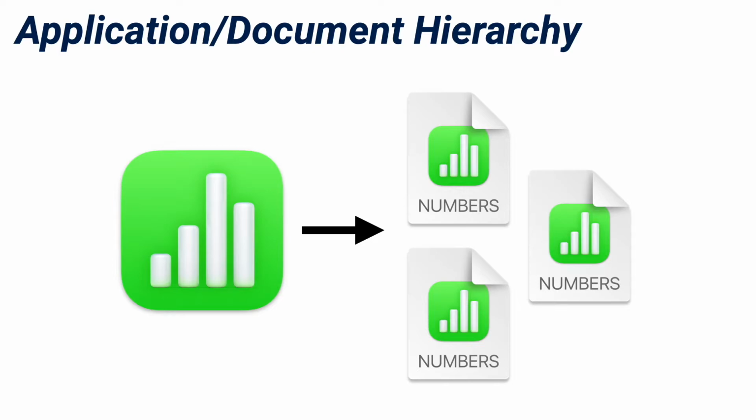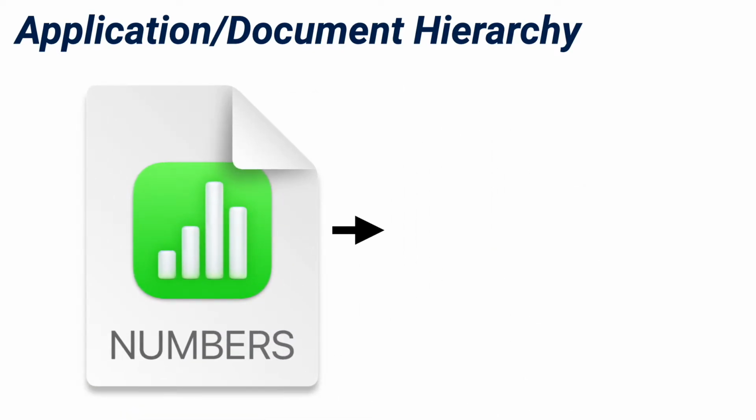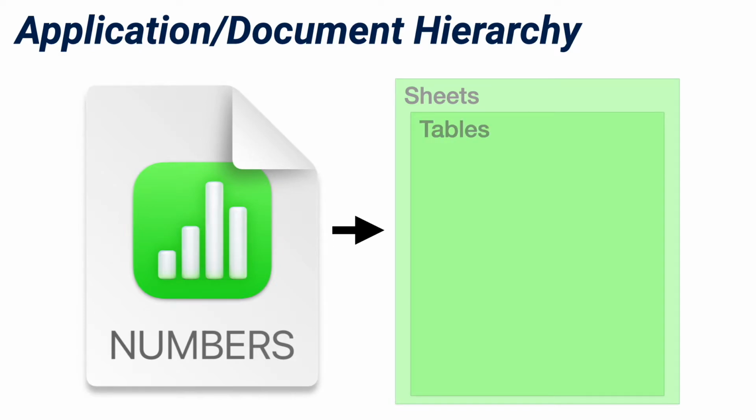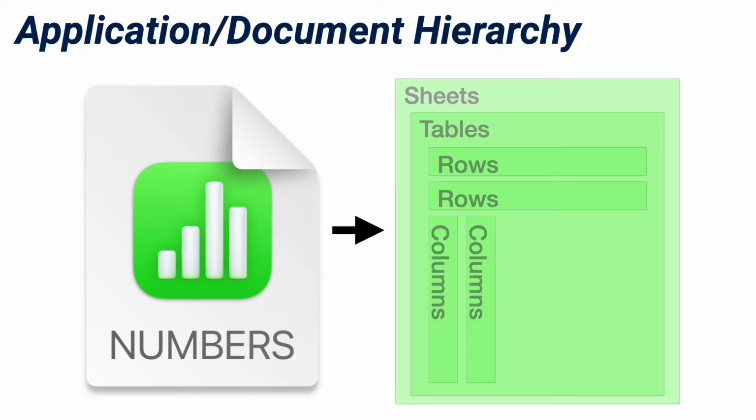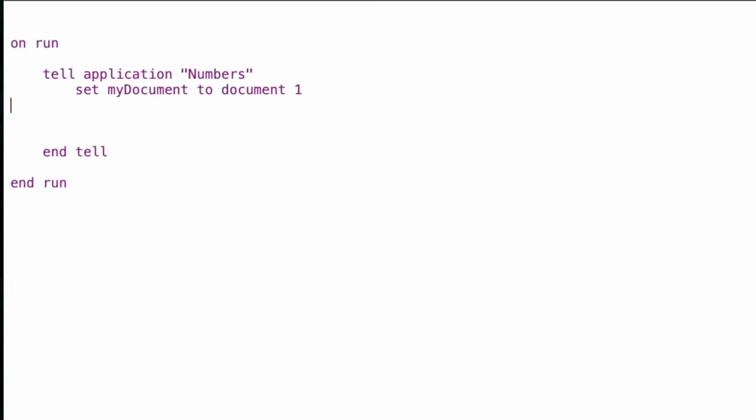So first we need to interact with the application Numbers, then we need to get the next level down, which is the document, and then the document is made up of sheets. Sheets are made up of tables. Tables are made up of rows and columns and cells. Rows and columns are also made up of cells, so you can interact with cells from either the row, column, or table level. Alright, so now that we've revisited the structure of the document, let's get back to our script.